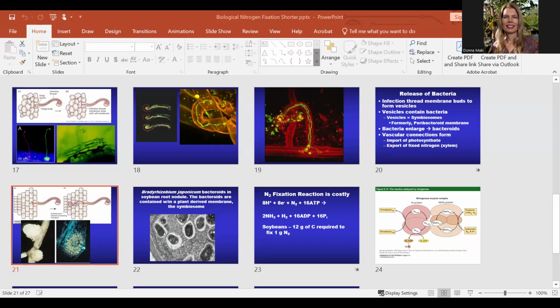Okay, Calvin cycle. What are the terms for the three phases? What are the overall goals? And where is energy needed?